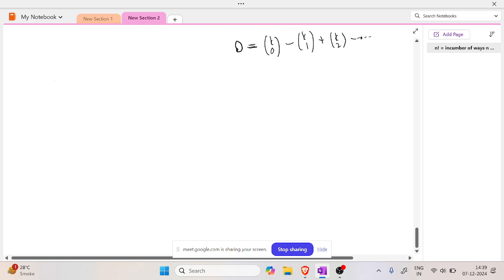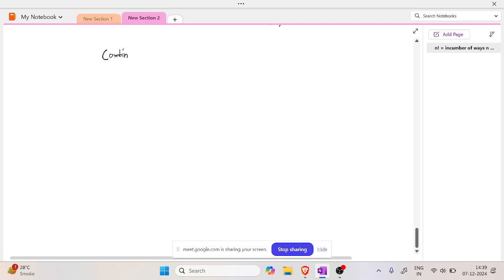And now let's see some combinatorial identities, which can usually be proved algebraically as well, but are sometimes easier to prove using combinatorics. So our first identity is that NCR plus N plus 1 CR is equal to N plus 1 CR plus 1.